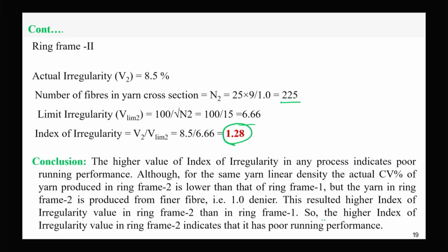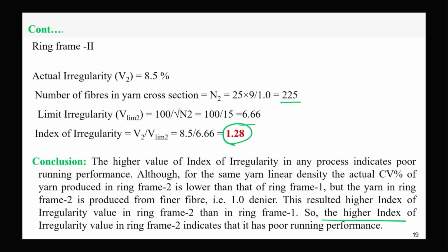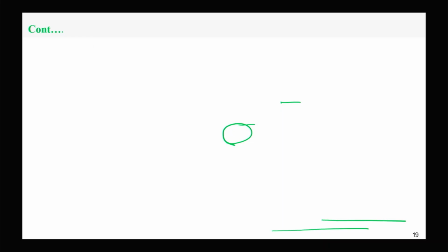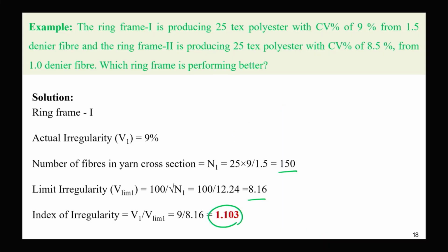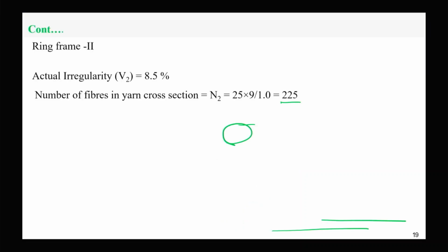So the higher index of irregularity value in ring frame 2 indicates the poor running performance. So these two things are separate. Ring frame 1 is producing higher CV% and ring frame 2 is producing lower than that. It doesn't mean that ring frame 1 is always producing better, having better performance.